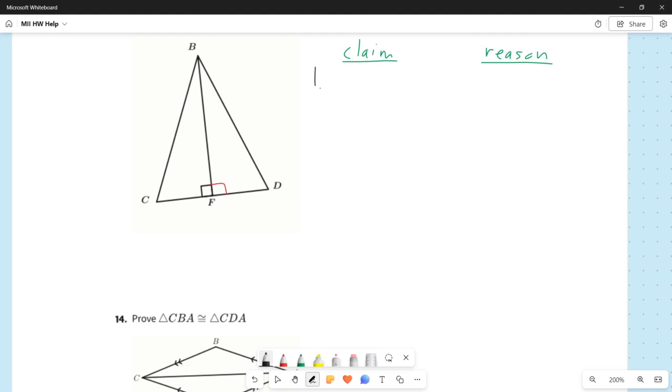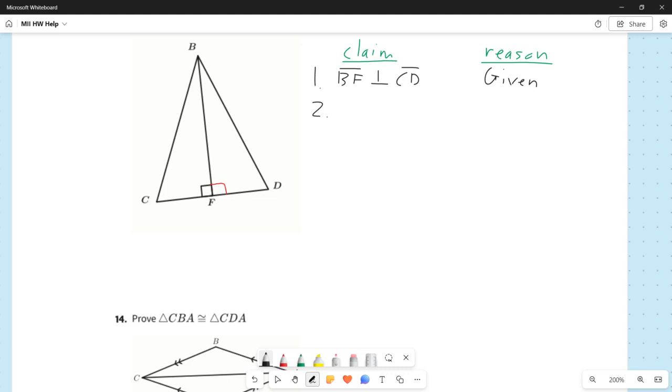So I'm just going to start by rewriting our given. So we were told that BF is perpendicular to CD. And the reason that we're allowed to say that is that that was given. Now, depending on your teacher, depending on your class, depending on other factors, you may or may not need to explicitly state that angles BFC and BFD are in fact right angles.